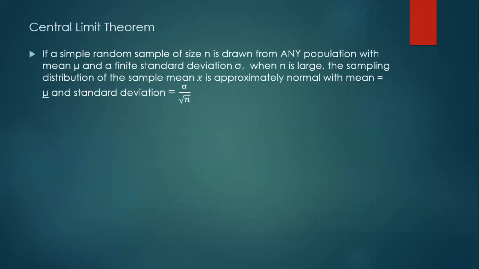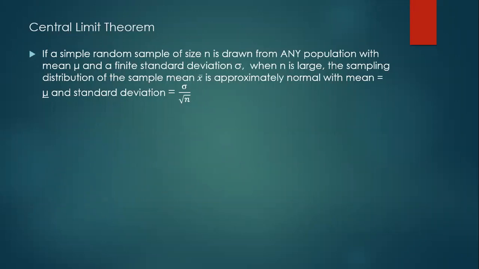So now we're going to be looking at the central limit theorem. If a simple random sample of size n is drawn, so basically what we were doing a while ago is the central limit theorem.